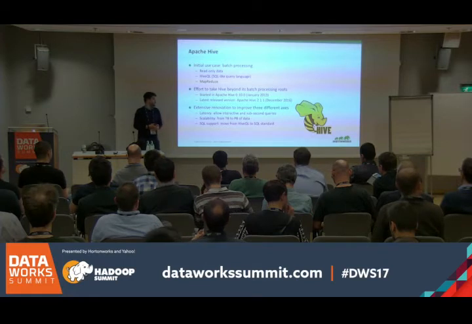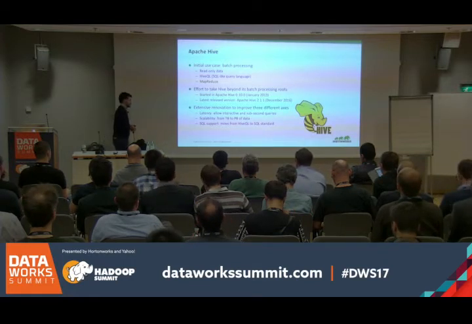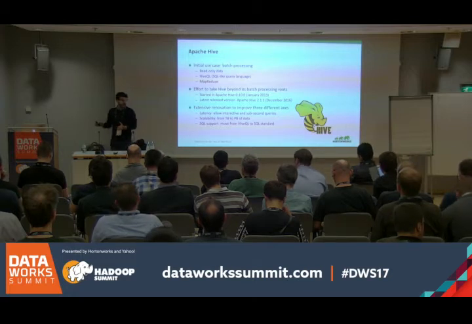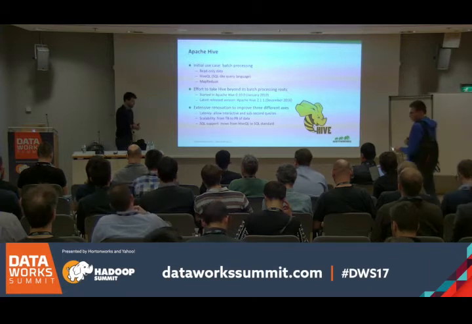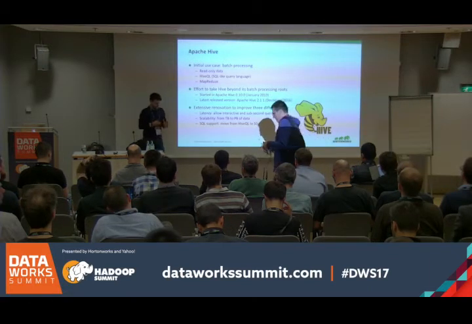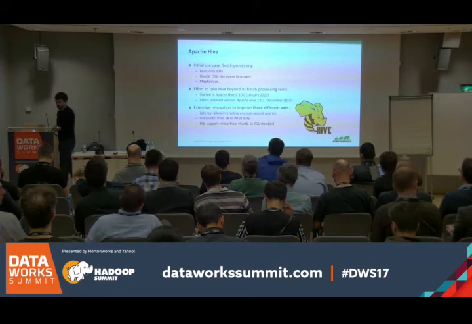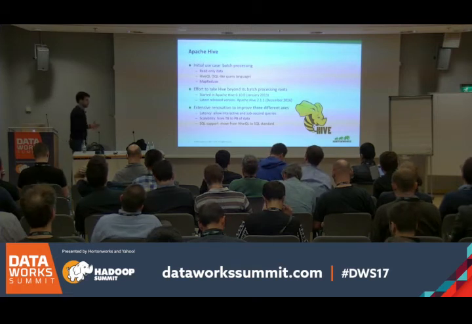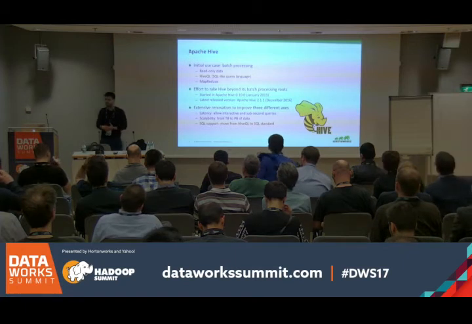The latest release version right now is 2.1.1, which was released in December 2016. So we've come a long way. And the renovation of Hive was basically to improve 3 different axes. The first one was to improve its latency. So we wanted to move from batch processing to allowing interactive and sub-second queries.